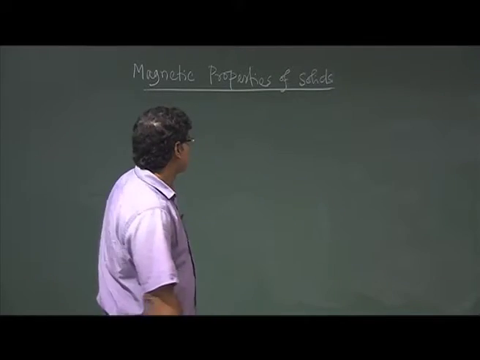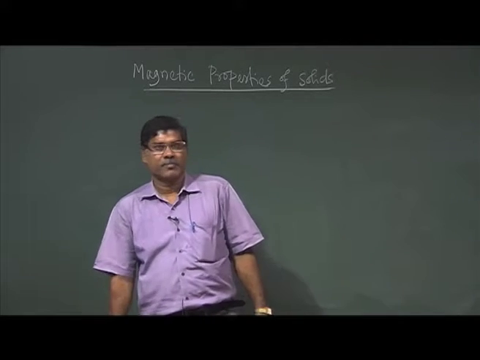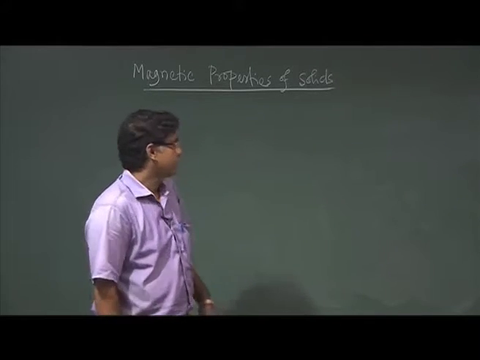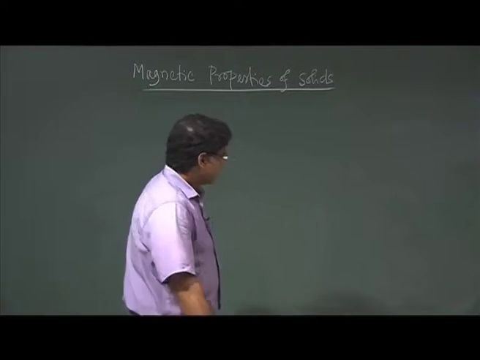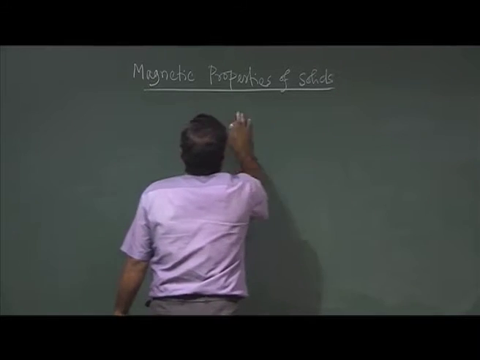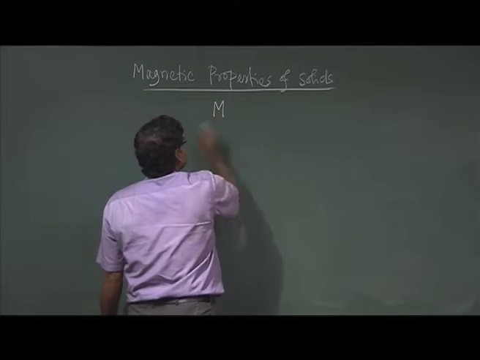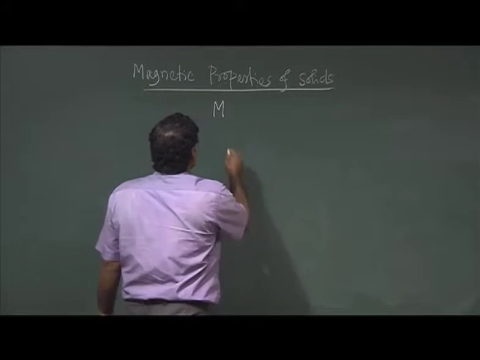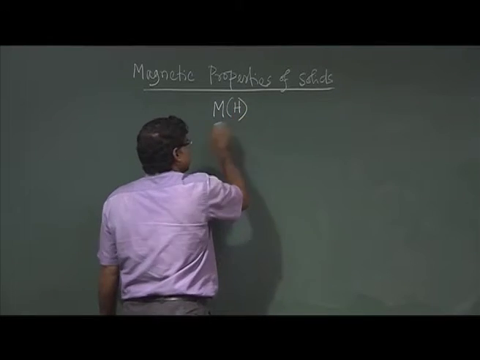So, we have seen that if we apply a magnetic field on a magnetic material, we can get some parameter, that is magnetization as a function of magnetic field, right.